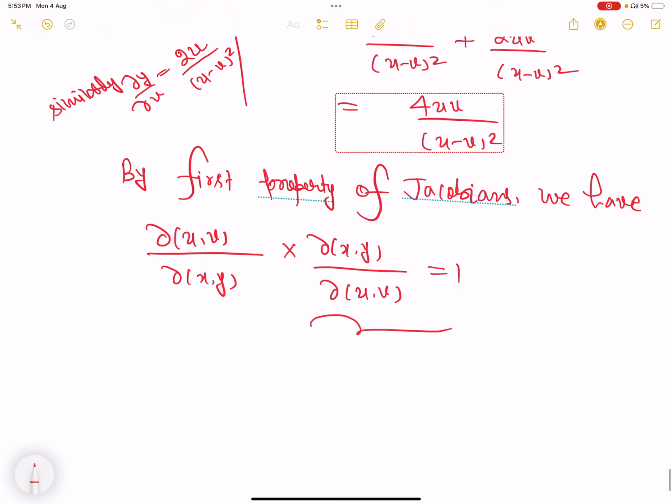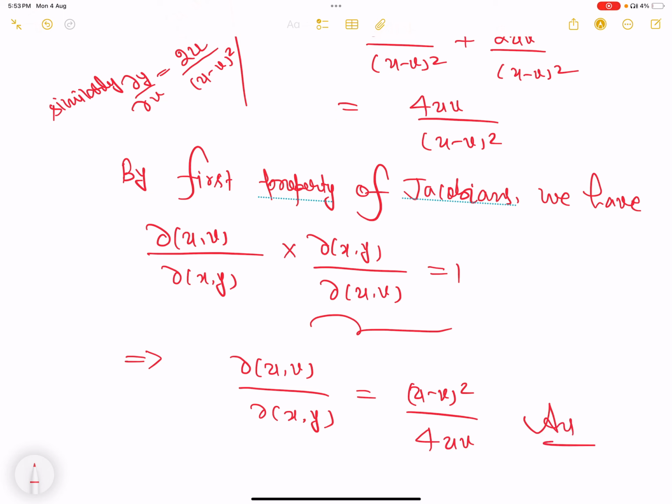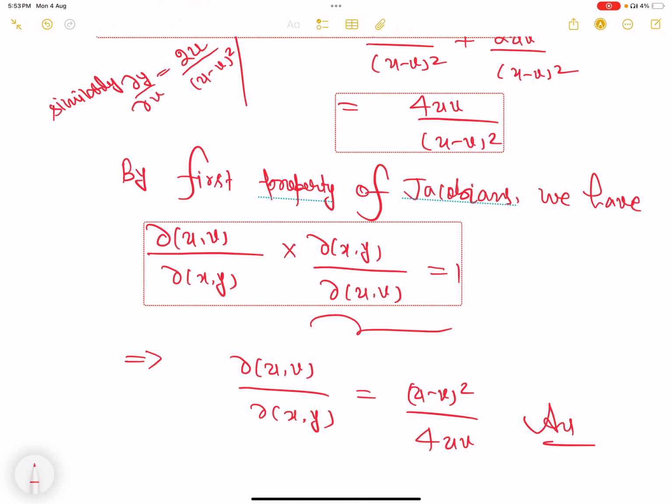We know this value, so the value of del(u,v) upon del(x,y) will be equal to 1 upon the value, which is (u minus v) whole square upon 4u. So this is the answer.